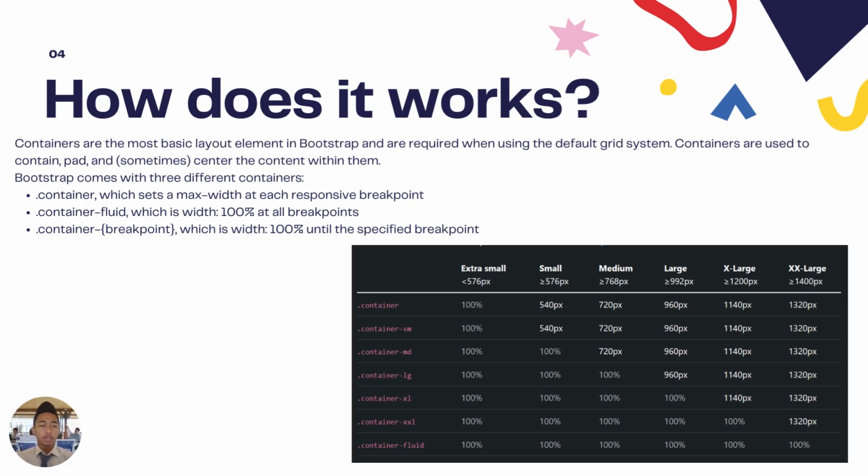So with container-fluid, when we add the class to a container, the width of the container will be 100%, all the way from the edge until the edge of the screen.